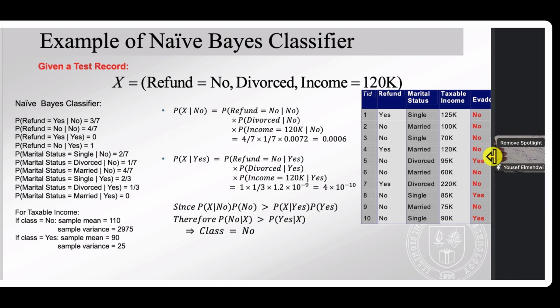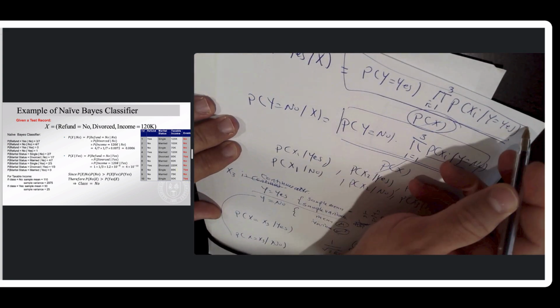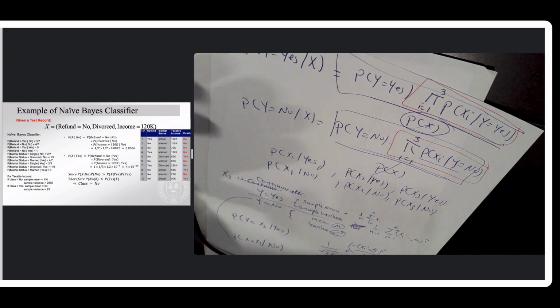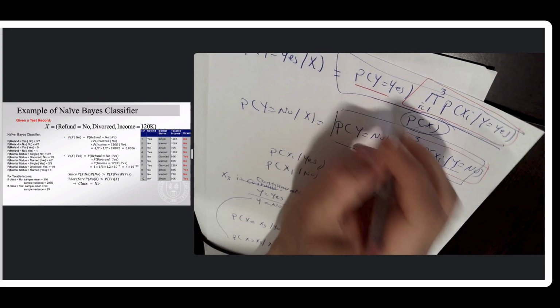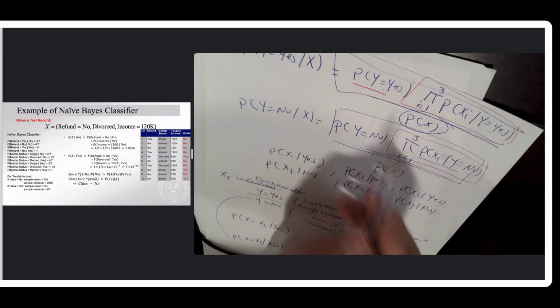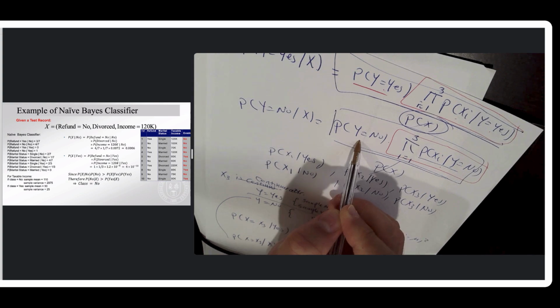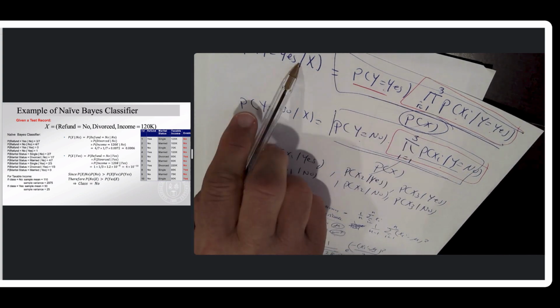So what we're going to do here, we compute this. We have computed this part, and we did this one with yes or no. Do you agree with me or not? For each test instance, after that, I will multiply this with the probability of y equal yes, and compare it with the one where the class label equals no, multiplied by the probability of class label equal no. This is the prior knowledge, and the posterior knowledge can be changed.